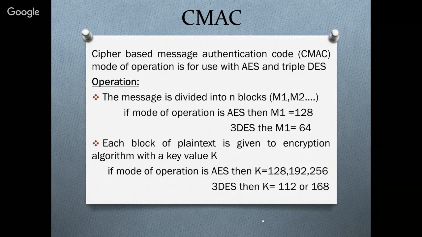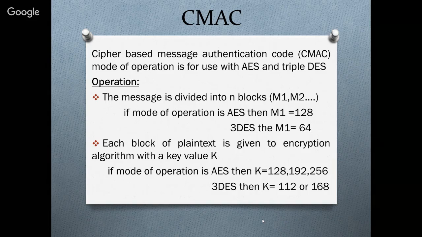So in this CMAC, the cipher-based message authentication code, this mode of operation is for use with AES and DES algorithms. First, let us consider the operation of it. The CMAC uses a key value for the encryption algorithm. The key is divided into two sets, key 1 and key 2.